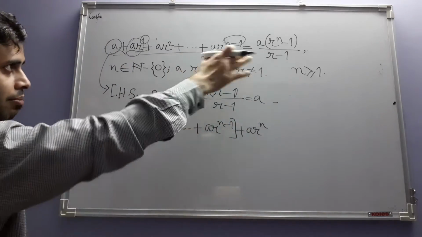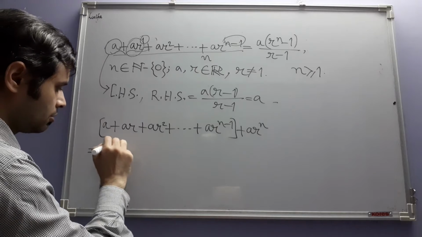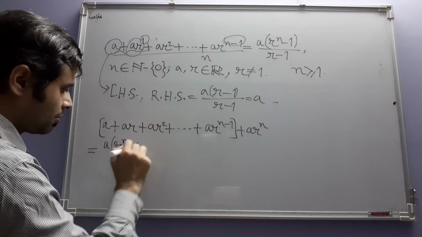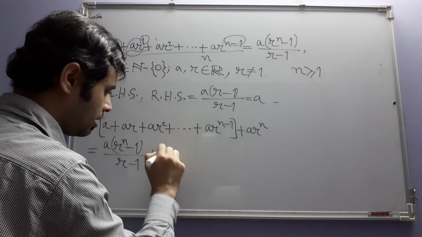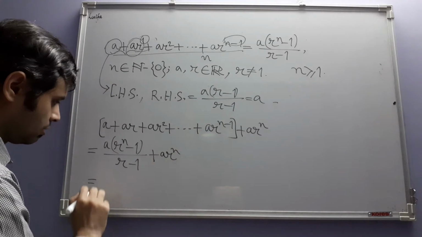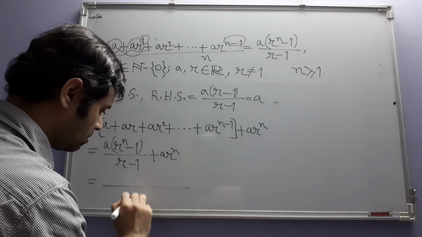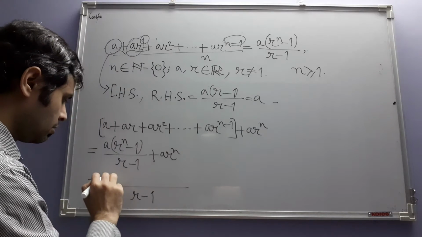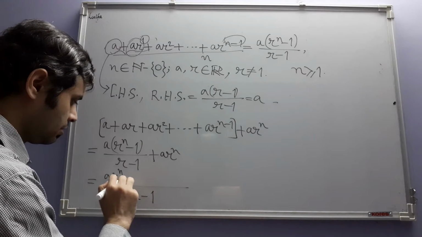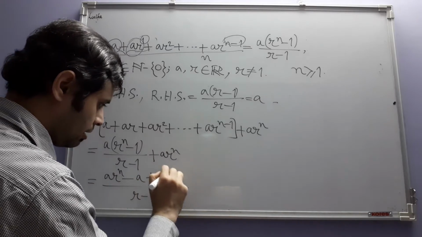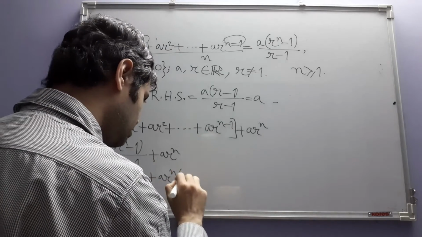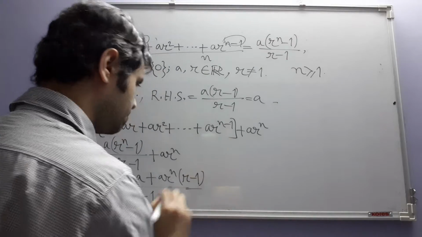For this part you apply what we have already assumed, a times r to the power n minus 1 divided by r minus 1, plus a r to the power n. Okay, so now we do a little algebra. a times r to the power n minus 1, minus a, plus a r to the power n times r minus 1.